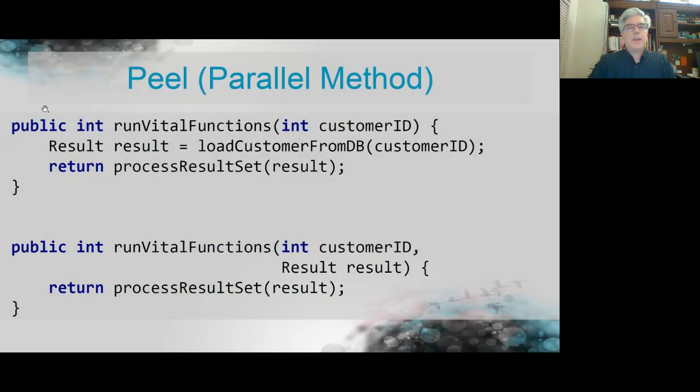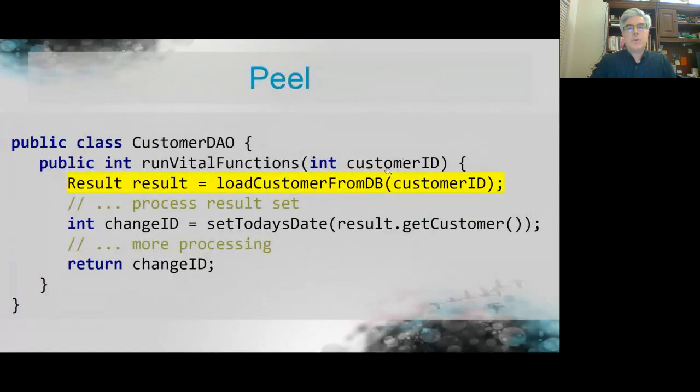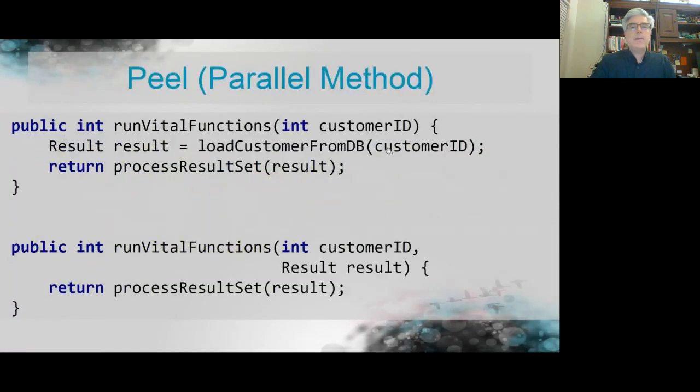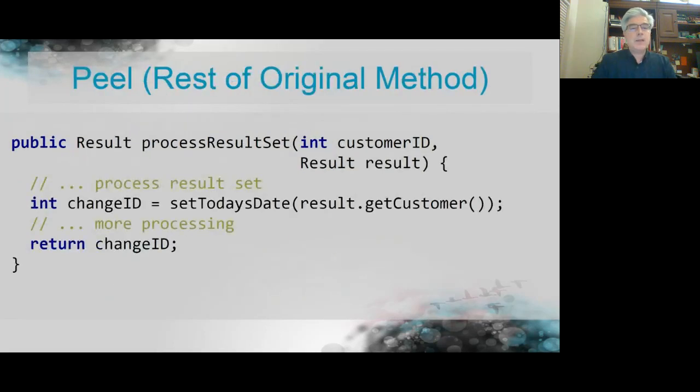We'll keep the same function signature where we pass in the customer ID, and we will keep that load customer from database, and we'll pass that result in to process the result set, because really all we need is the result set. Then when we create our test, we'll create a dummy result object and pass that into the process result set so that we know what the state is of the object being passed in, so we can know what the state of the function will be and test that.